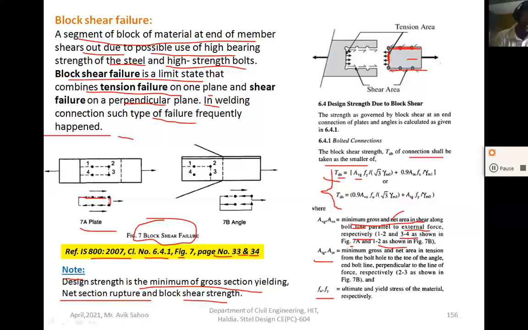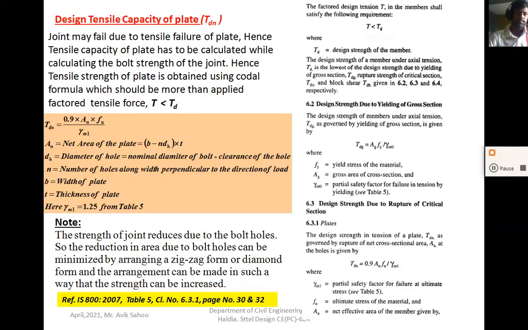And the minimum is considered as the design tensile capacity of the member. So here you see that all the codal provisions are given to design the tension member.